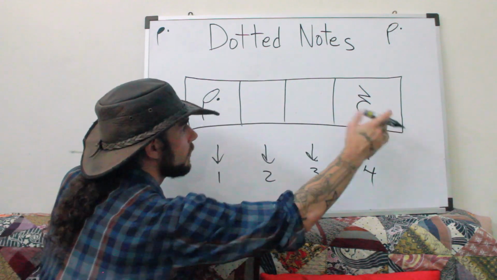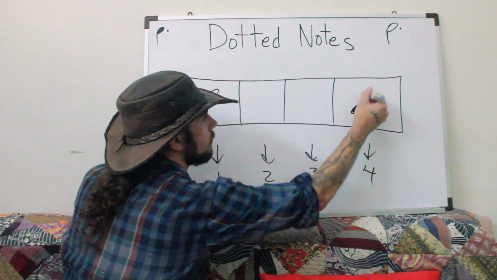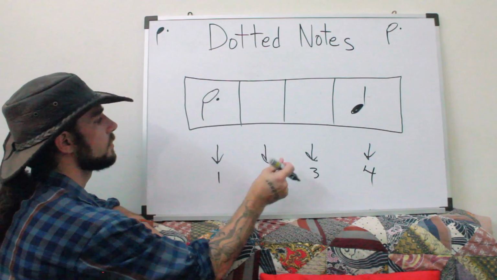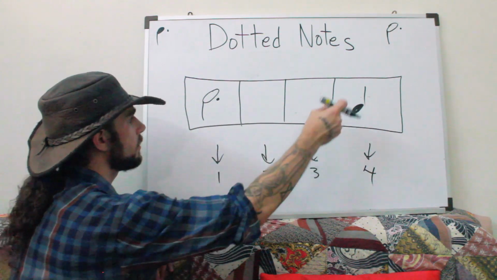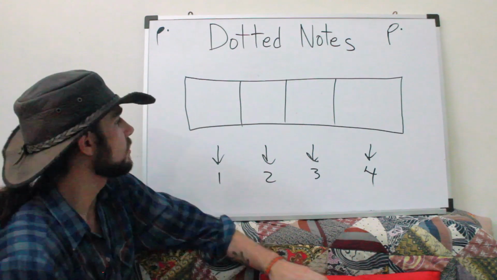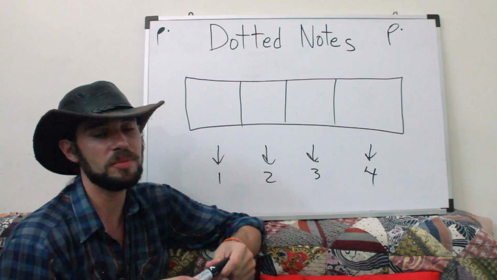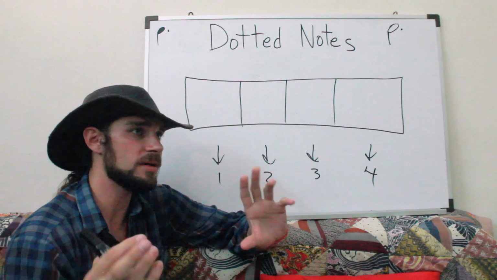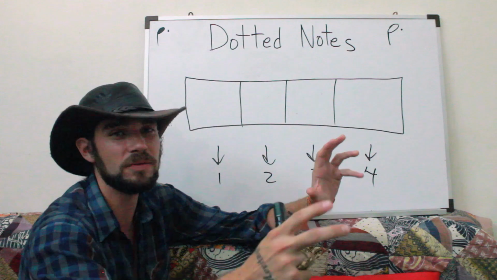If we made this a quarter, so 1, 2, 3, 4. So dotted half notes are very easy to work with, because it's just creating an extra quarter, which is usually going to be 3 quarters of the bar.